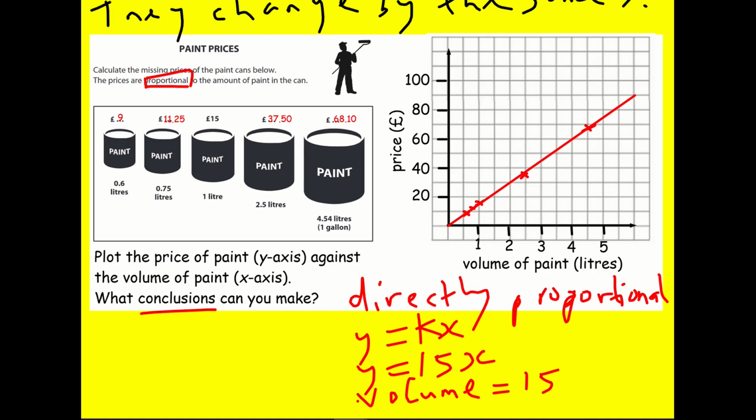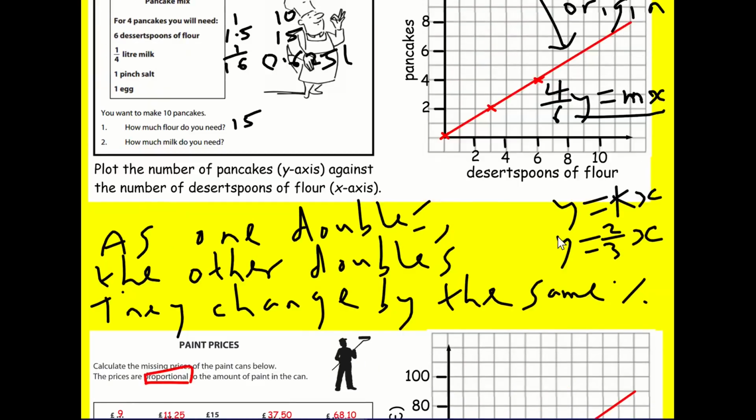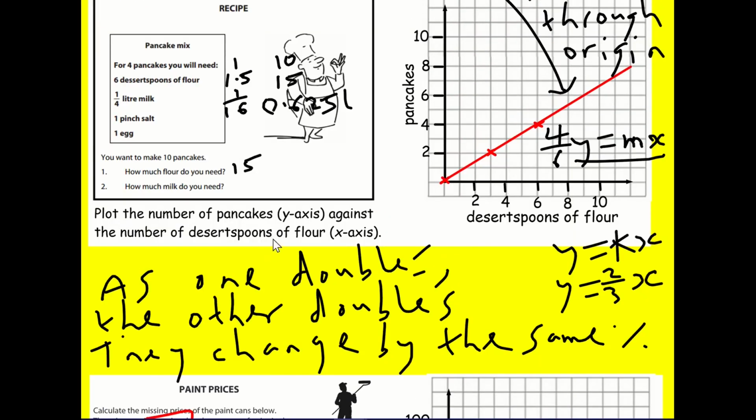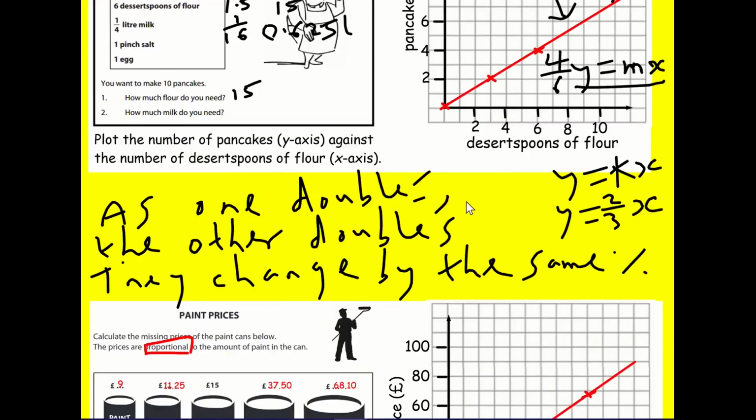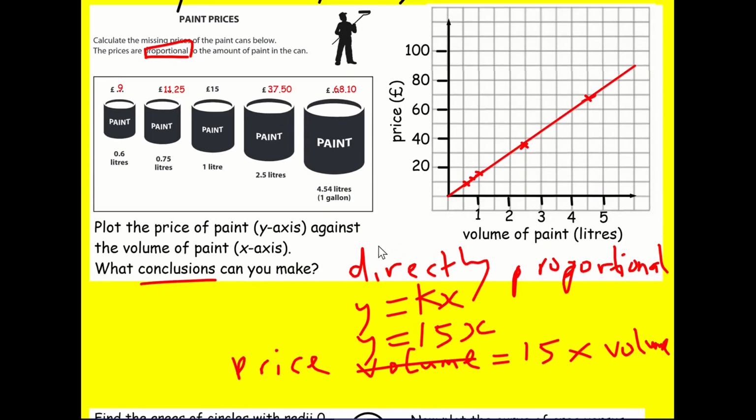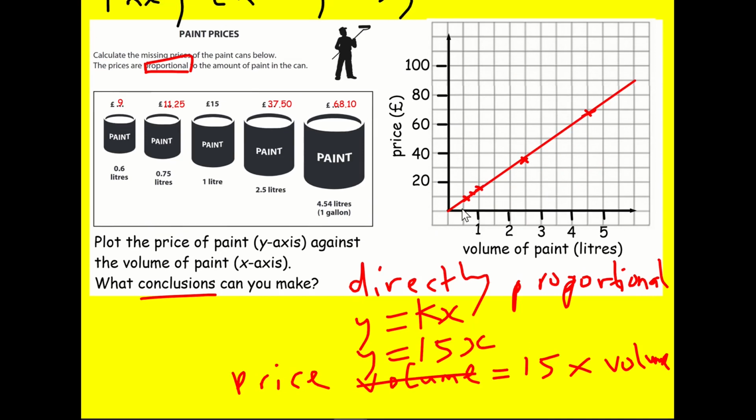Sorry, I made a mistake there. Okay, and in the first example, I called them y and x. I'm writing a more generally wordy formula here. So this is a second example of direct proportion.